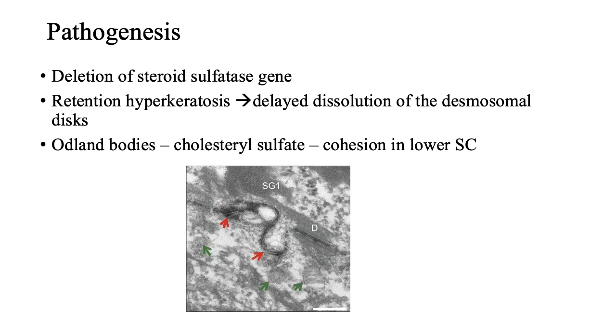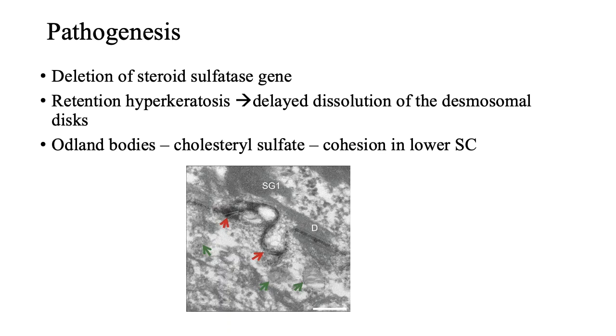Normal desquamation process is carried out by the enzyme steroid sulfatase, which degrades cholesterol sulfate at the upper layers of the stratum corneum. Cholesterol sulfate acts as a cohesive element in the lower stratum corneum. This cholesterol sulfate is present in the Odland bodies found in stratum granulosum layer.